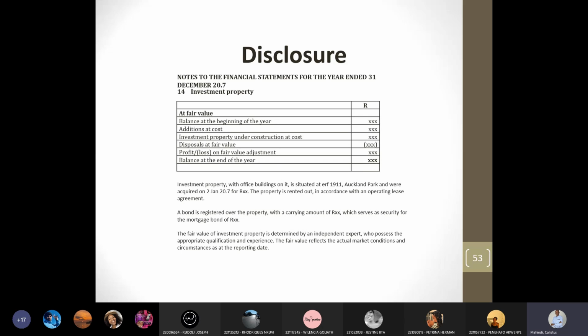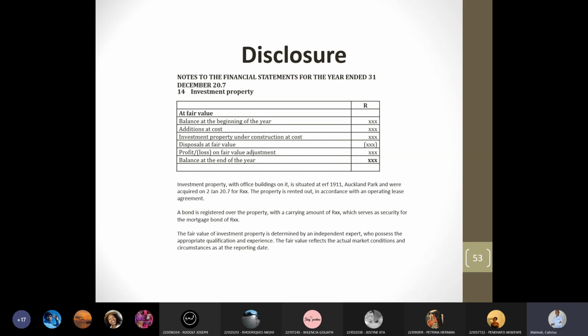And all you want to do with the investment property reconciliation note is to reconcile your balance at the beginning of the year to your balance at the end of the year. And obviously during the year, you would have investment property that you might have acquired or that you might have adjusted the fair value in. So those would be part of your movements. So for PPE, we had movements such as additions where we bought more PPE.